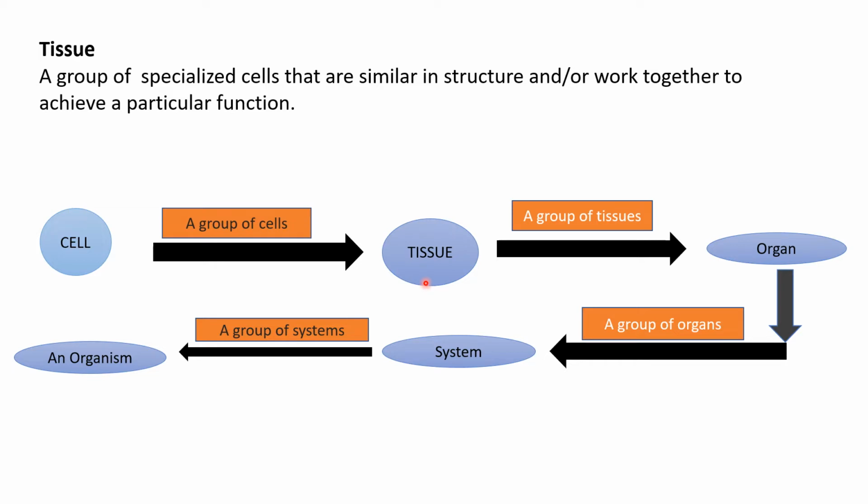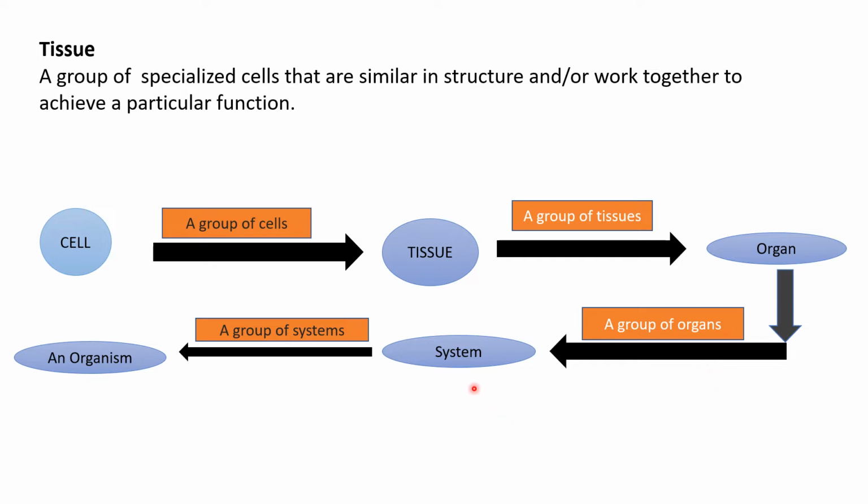In the same way, in multicellular organism, tissues are also of different types. Some tissues which are similar in structure and are working together to achieve a particular function make an organ. When some organs are working together to achieve a particular function, then it will form a system. What is a system?